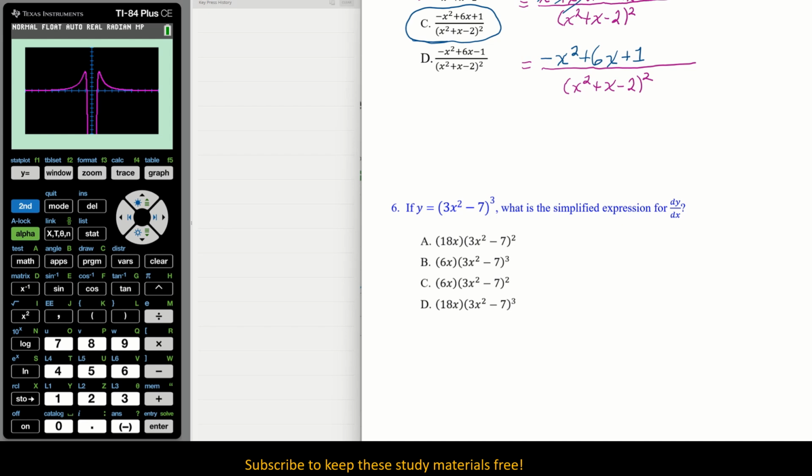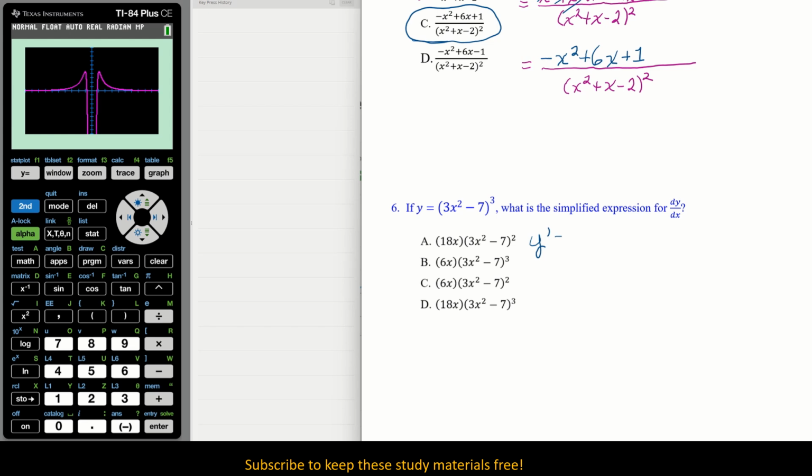Okay, now for this expression, it says if y equals, and there is your function, what is the simplified expression for the first derivative? We are using the chain rule, so we're going outside in. So what does that give us?